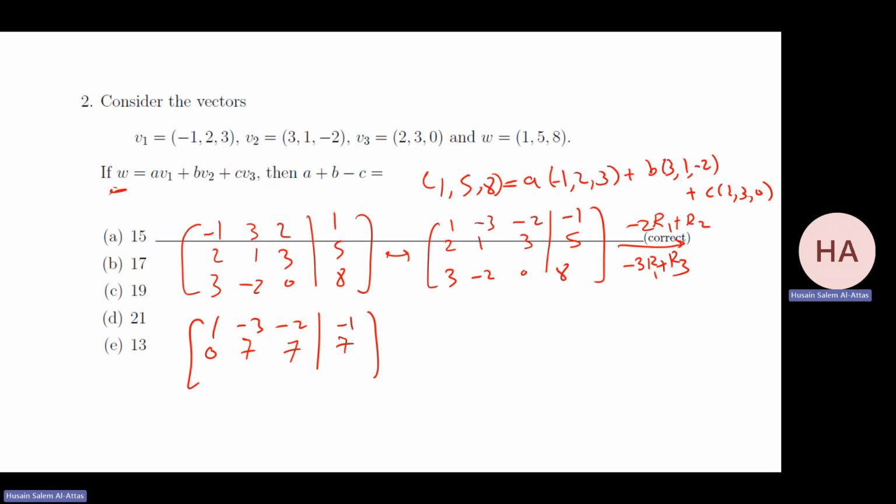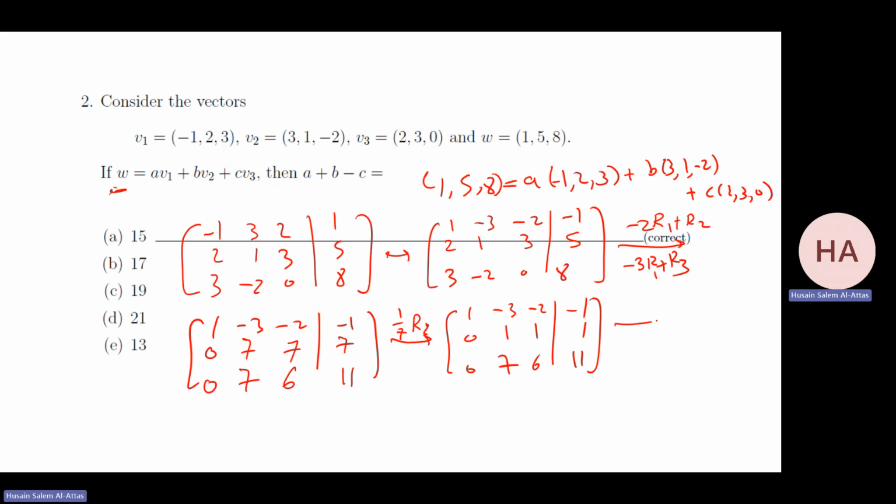Multiply minus 3 and add, that will be 0. By minus 3 and add, that will be 7. Minus 3 and add, that will be 6. Minus 3 and add, that will be 11. So now multiply the second row by 1 over 7. Let me do it in steps. 1, 1, 1, 0, 7, 6, 11.